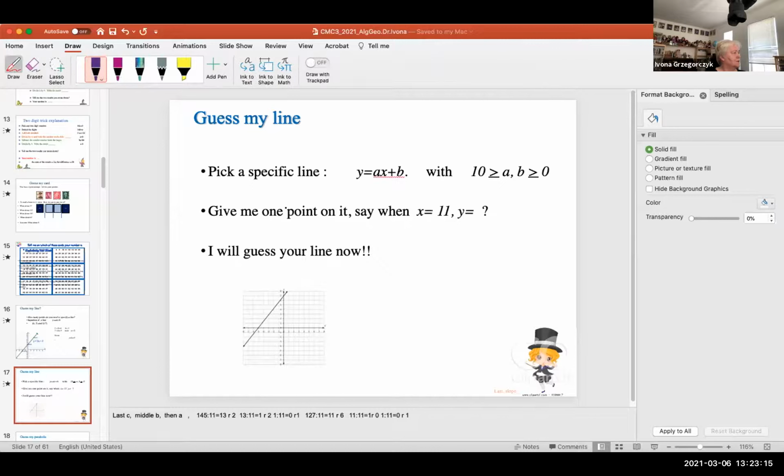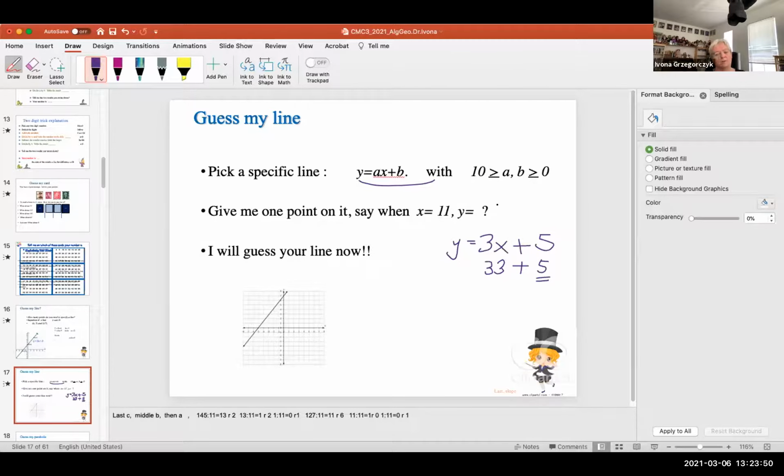Because look what happens, I can write here. Let's say I have y equals 3x plus 5. If I put 11, then I have 33 plus 5, and you report to me 38. What I do, I divide by 11, and I know that the remainder is 5, because I made sure that the last number you have here is not bigger than 10.